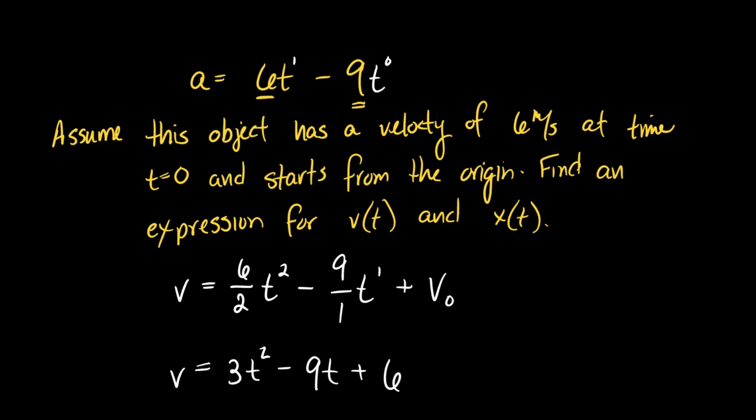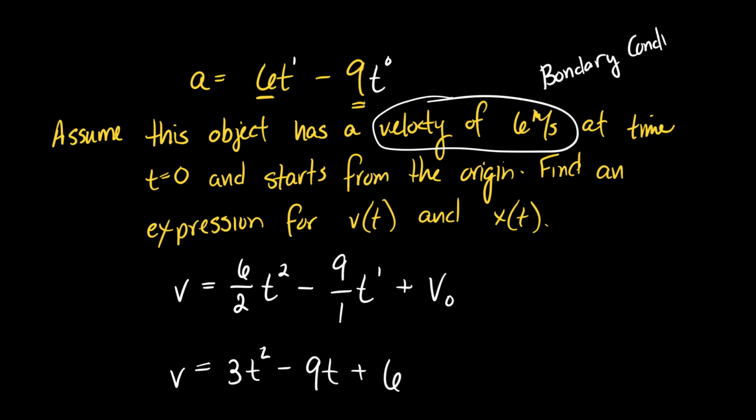That's my expression for the velocity using the conditions provided by the problem. We call this kind of condition a boundary condition, or initial condition. I will often use the word boundary condition, though.